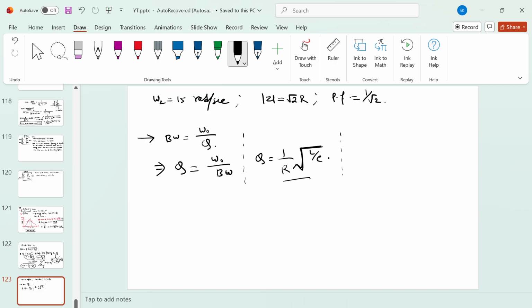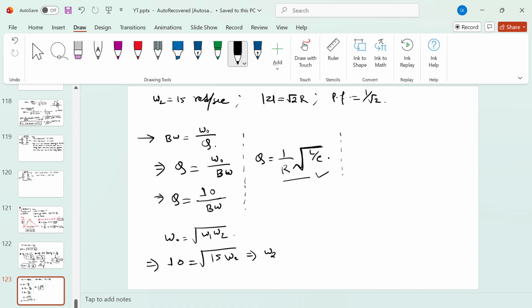There are two ways you can go. You know the resonance frequency, that is 10, but the bandwidth you don't know. But there is something else you know: the resonance frequency is simply the geometric mean of omega 1 and omega 2. So 10 is equals to root over 15 into omega 1.